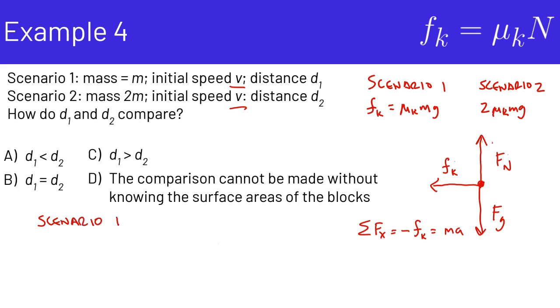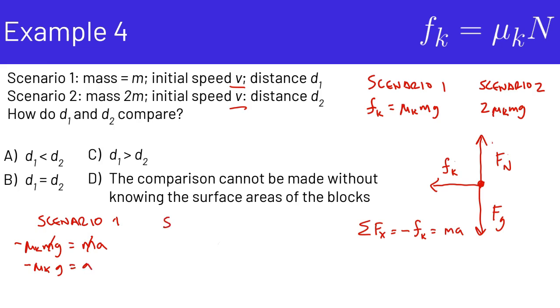Okay, so if we look at scenario 1, based on the sum of forces here, we have minus mu sub k times mg, and that's equal to ma. So we can simplify this by dividing out the masses, and we have minus mu sub k times g equals a.